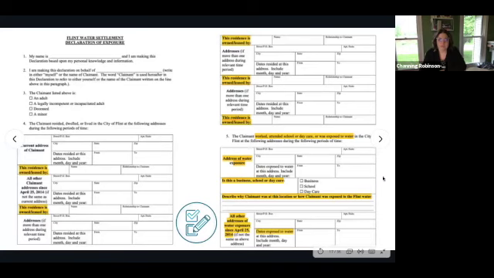Okay, so here you can see the prompts that I was just talking about that are highlighted. It says the residence is owned or leased by. Okay, so this wasn't on your registration form. This is now what you're going to identify for that address that you put on your registration form. You're going to identify who owns or leases it, and the relationship to you or the minor you're completing the form on behalf of.